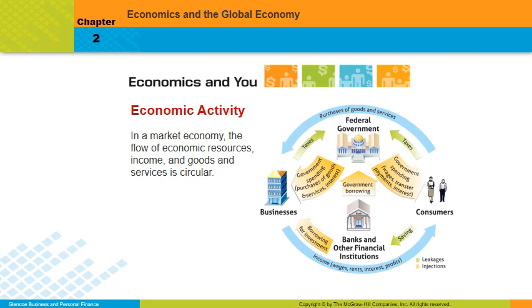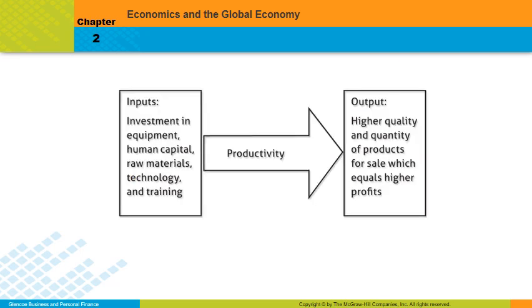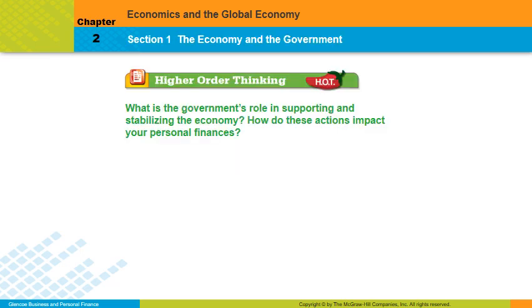There's your income and purchases going around the top and the bottom. So inputs are investment, equipment, human capital, raw materials, technology, and training. And then there is productivity, which equals output, high quality, high quantity of products for sale, which equals higher profits, which is key.